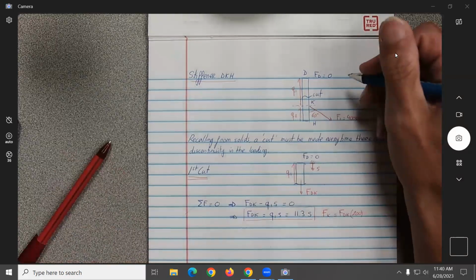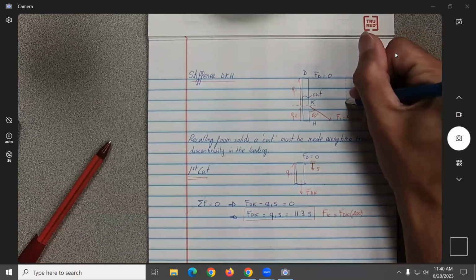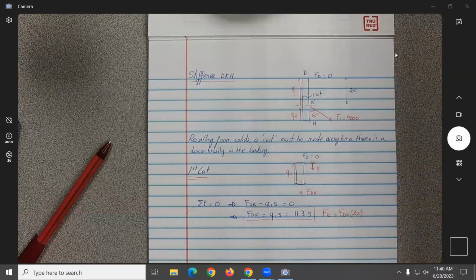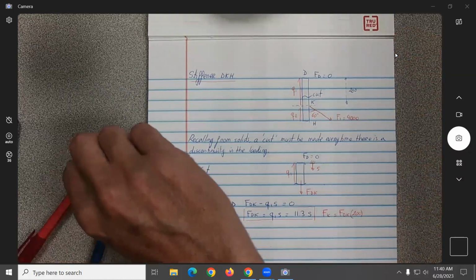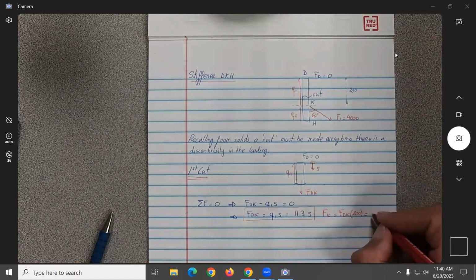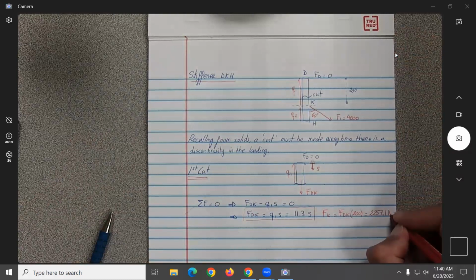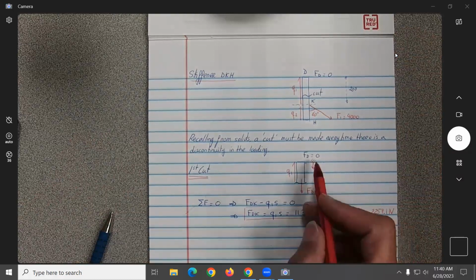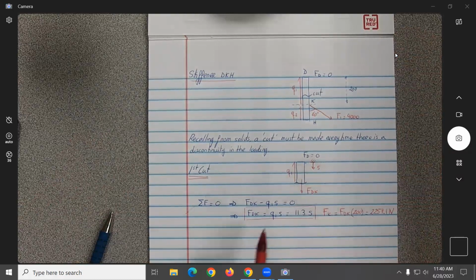That distance over here was how much? 200, no? Okay, so it would be 200, and that gives me that this would be equal to 2,257.1 newtons. Okay, and again, I already put F DK equals 0 at 0, no?